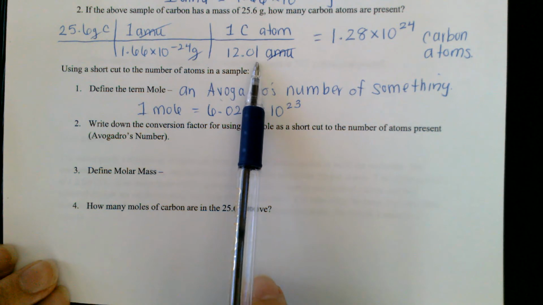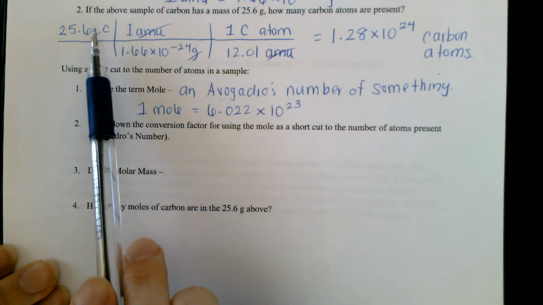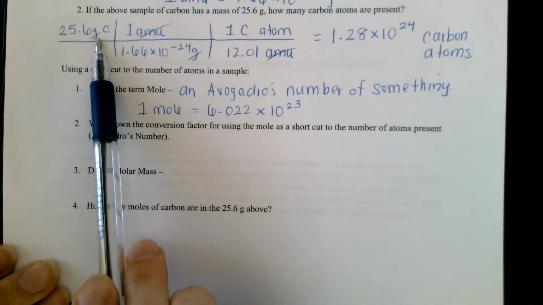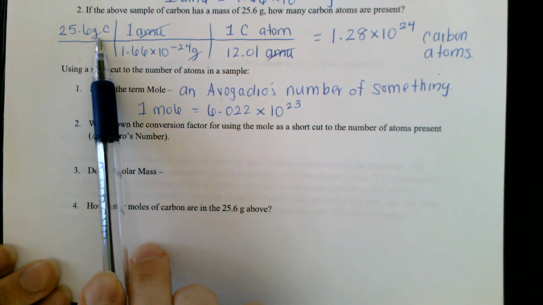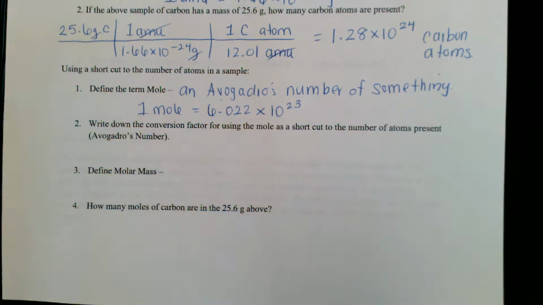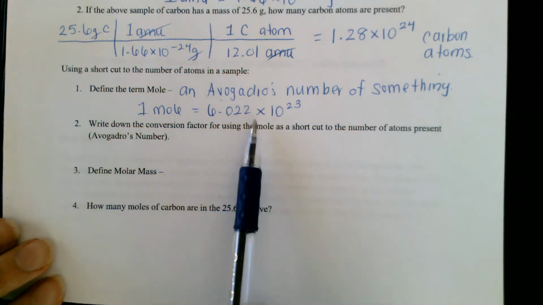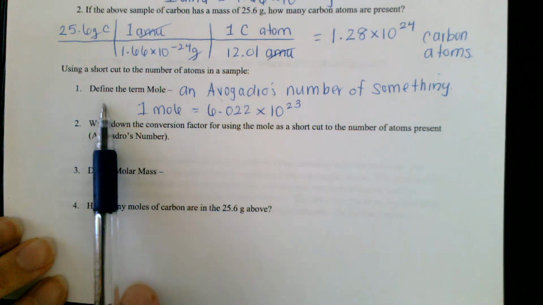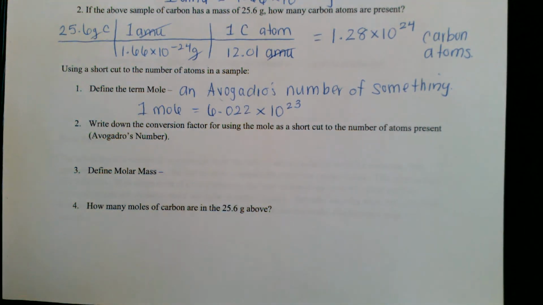So if we took the mass in AMU and wanted to know the mass in grams of that object, this mass could represent carbon on a larger scale in terms of grams. That's where Avogadro's number comes from.